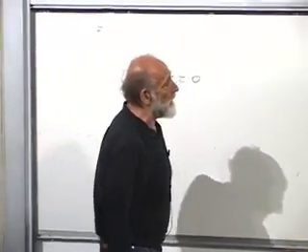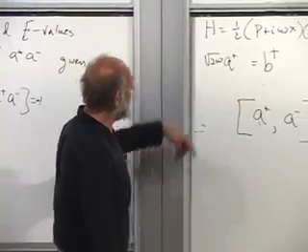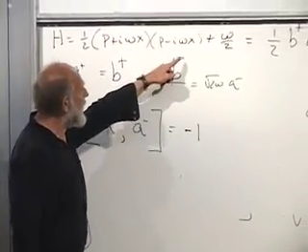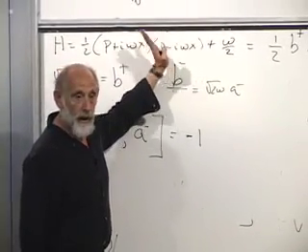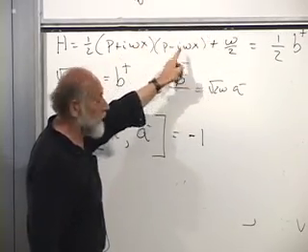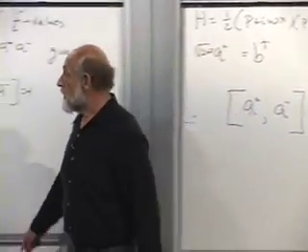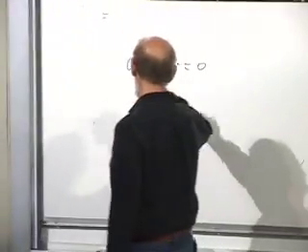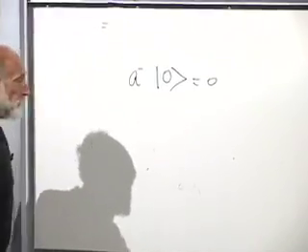That was just this little calculation where we took p minus i omega x and multiplied it by e to the minus omega over 2 x squared. We got 0. So A minus on the ground state is equal to 0. That's the first fact.